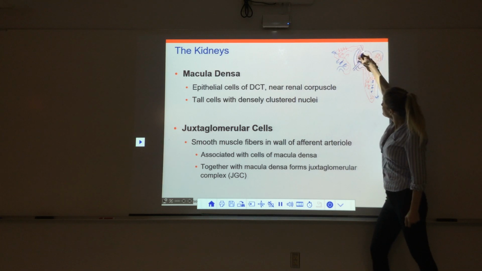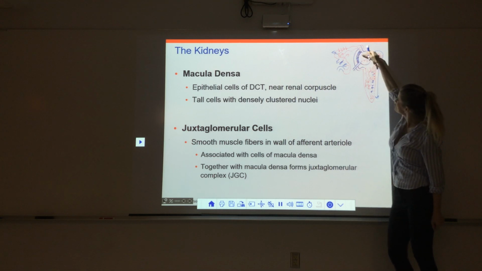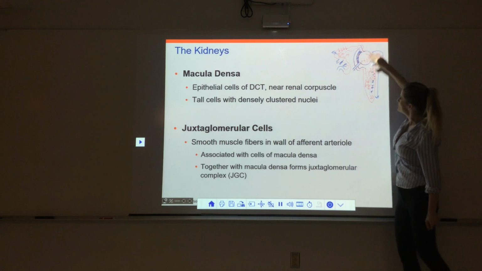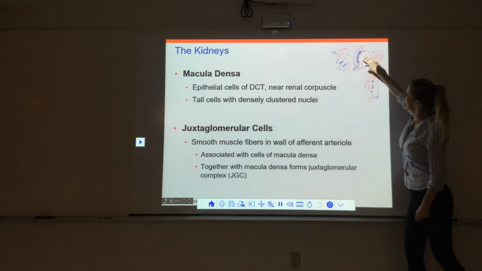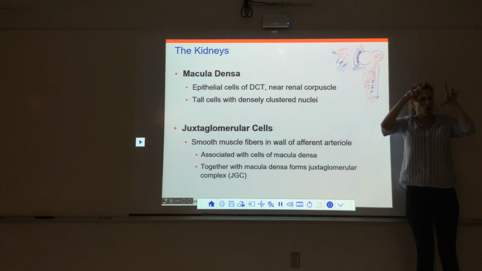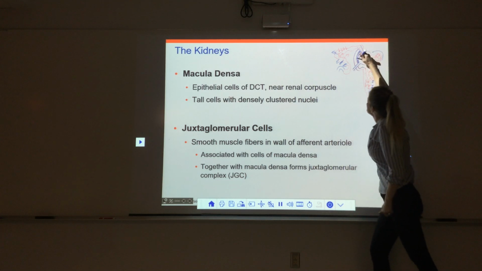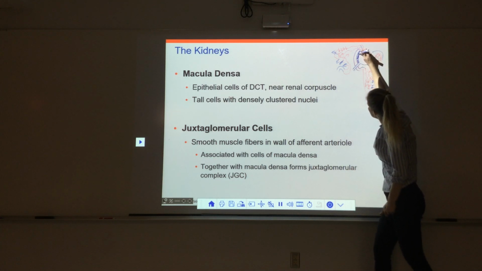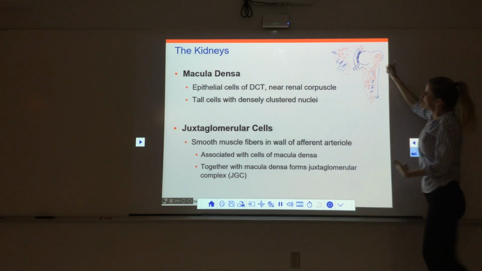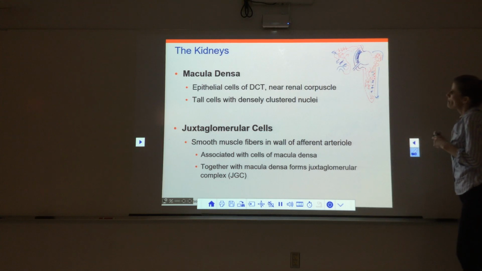So when we look at the cells that line the distal convoluted tubule, the ones that are right up against the renal corpuscle, we see that the cells end up being really tall and stretched out and really densely clustered together. So you see like nucleus, nucleus, nucleus, really, really densely clustered. So we call that area right there the macula densa.